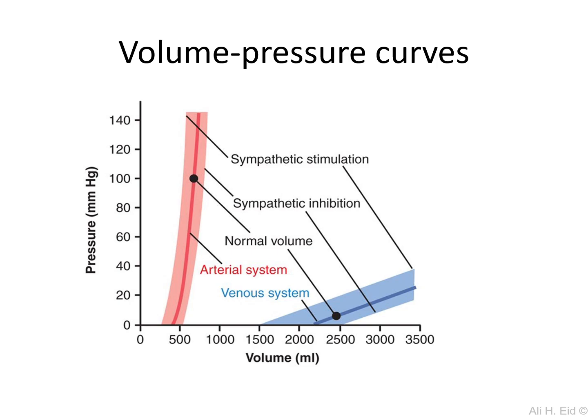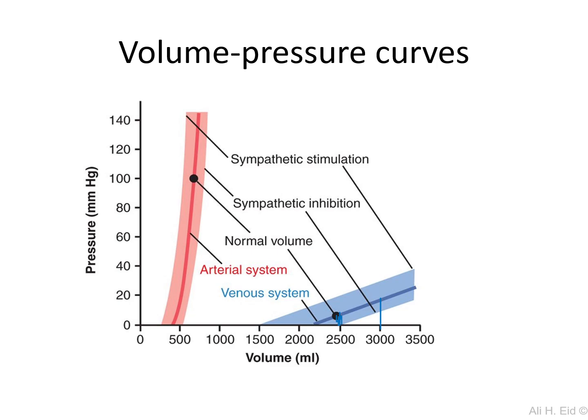A vein is more compliant, so we can put more volume into it with a minimal pressure change. If we take this example, as I increase the volume in this vein, let's say from 2500 to 3000, that's an amount of 500 milliliters.